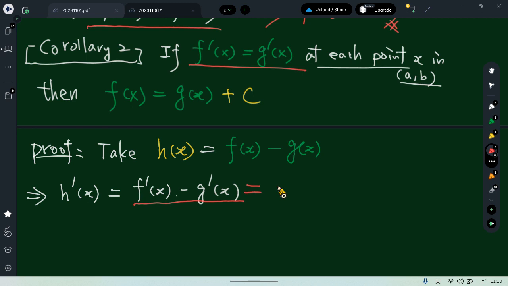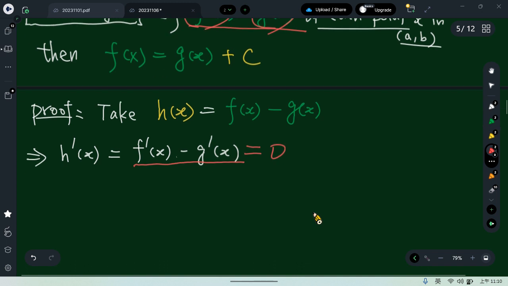It should be 0 because they are the same, right? They are the same. So when we subtract f prime x minus g prime x, it should be 0. So if it is 0, you can see h prime x is 0, right?